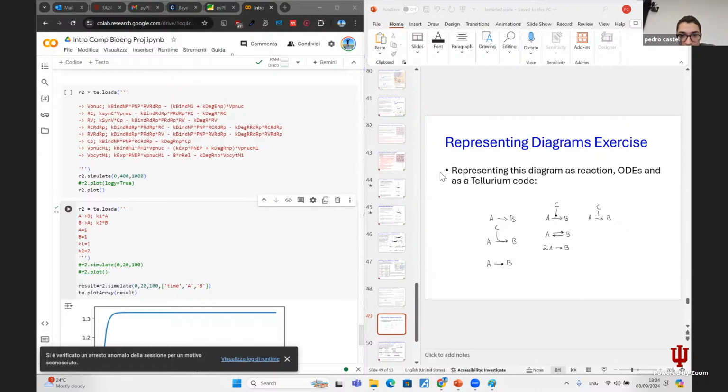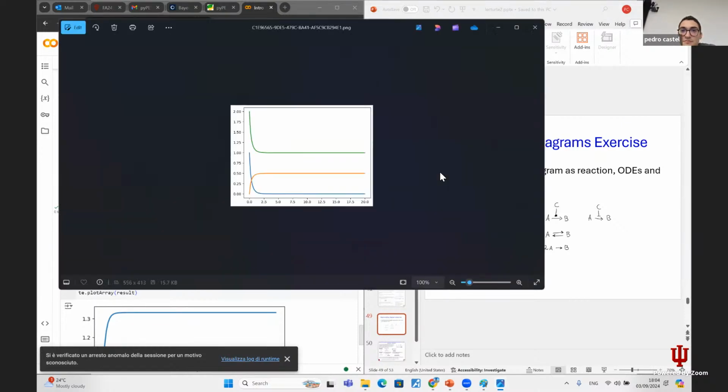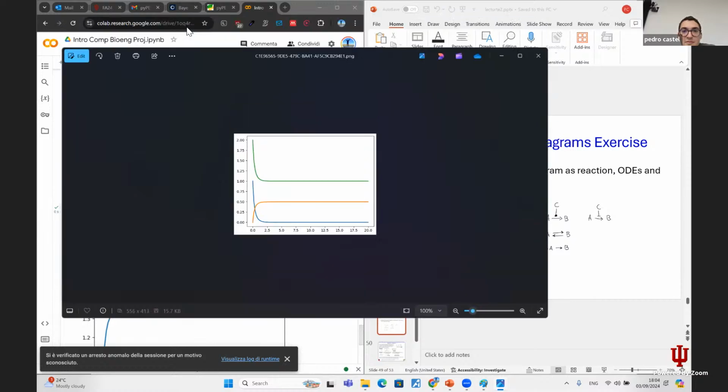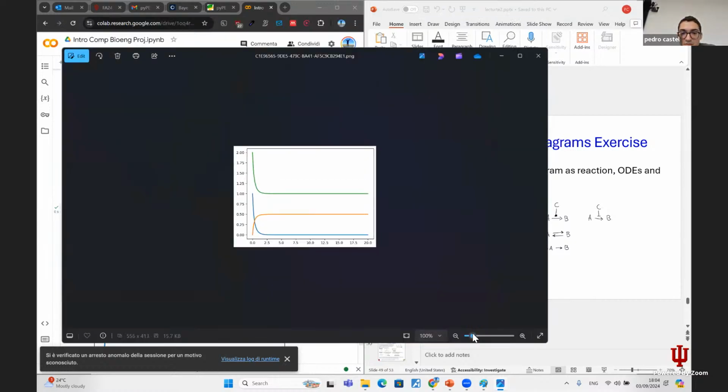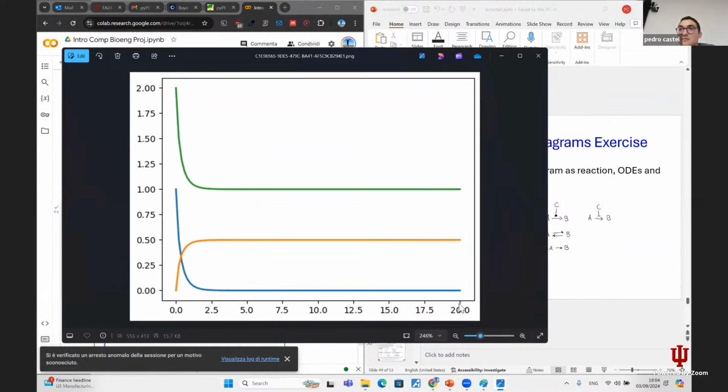Ah, look at that. With A and C with different initial concentrations, does that make sense? My question here is, why don't you end with C equals 1?